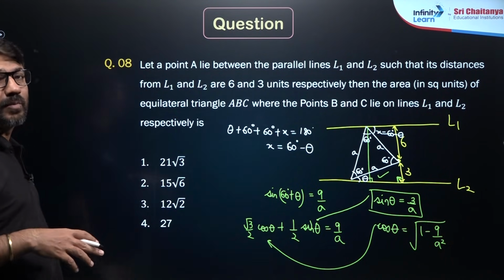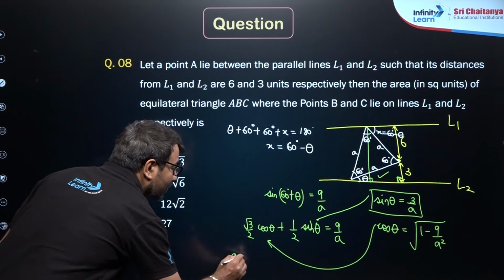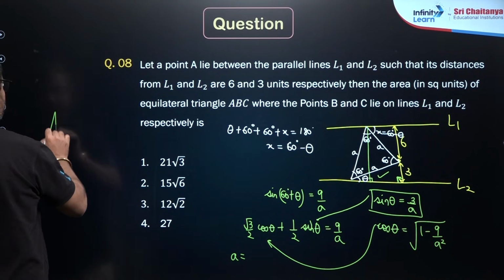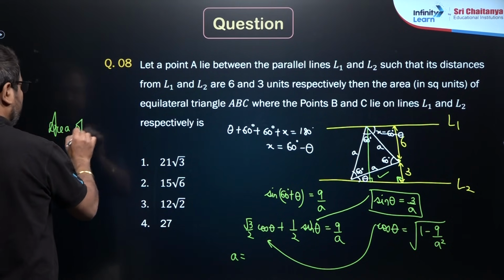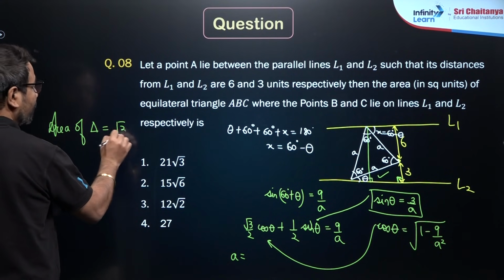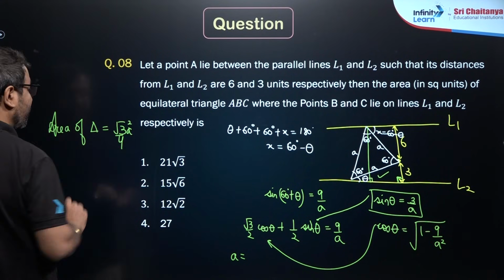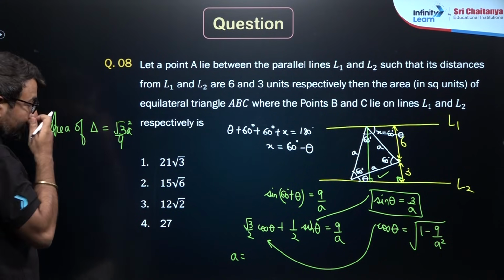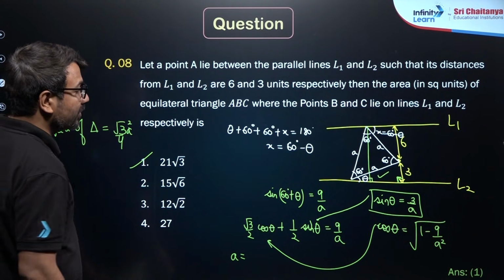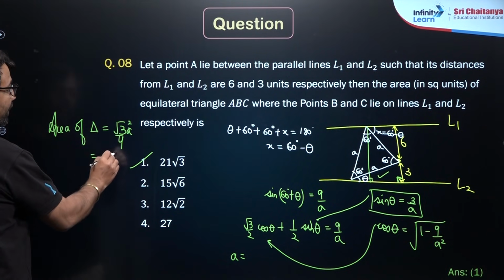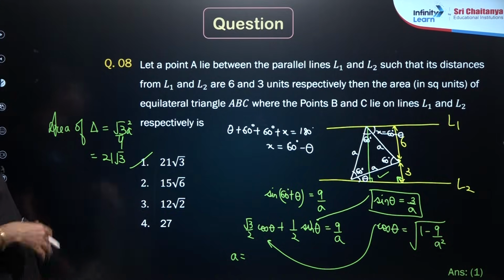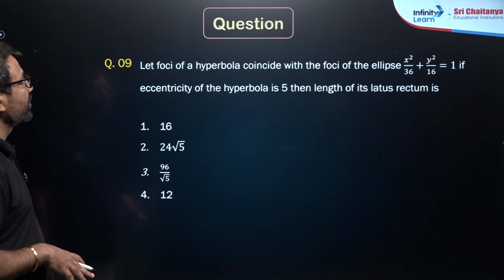Everything will be in the form of A. Once I get the value of A, then the area of the equilateral triangle will be root 3 by 4 side square. Are you able to understand? And then if you simplify it, you will get the first option, which is 21 root 3. Is it clear to you? So this way you can find the answer to this question.